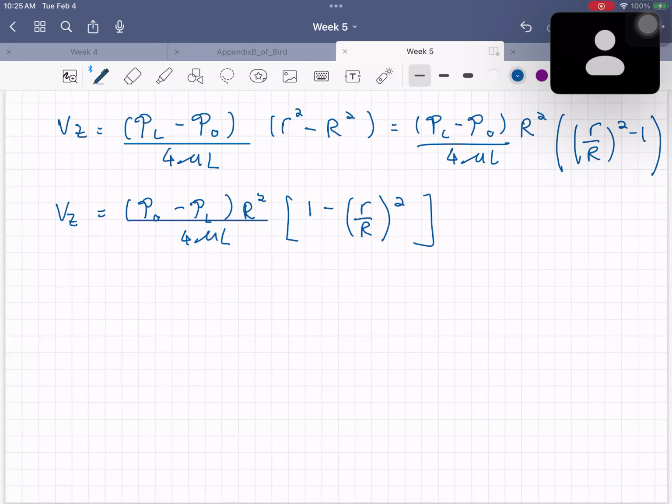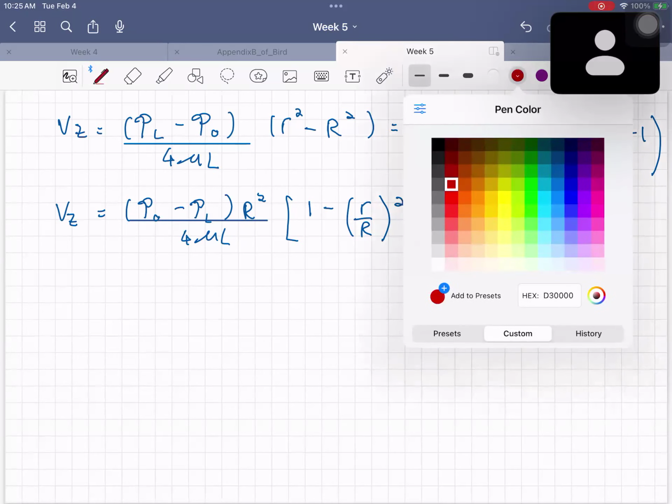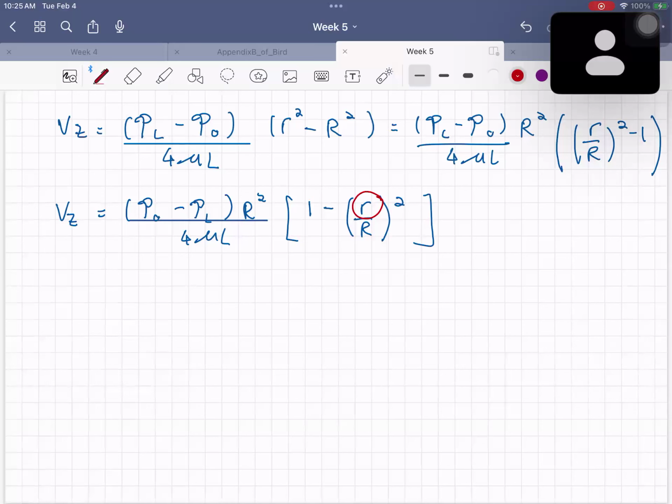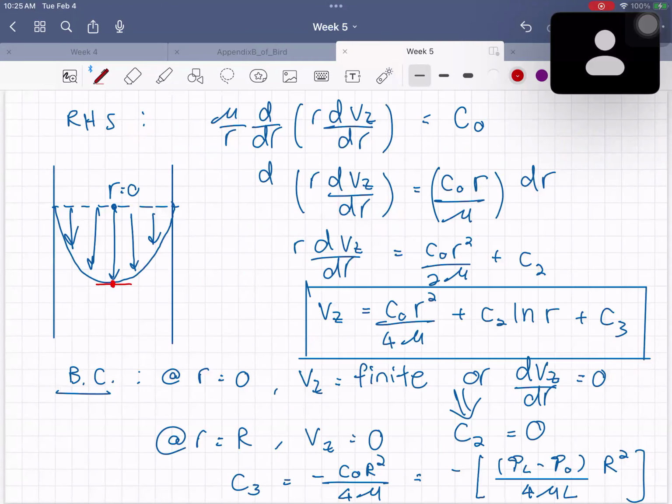This is just rearranging the equation. And if you take a look at this equation, if I substitute the R right here, if R equals 0, what does it mean? R equals 0 will be in the middle of the pipe, right? So what you get is the maximum velocity.